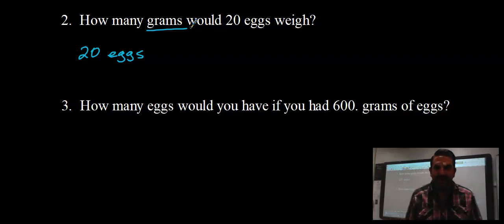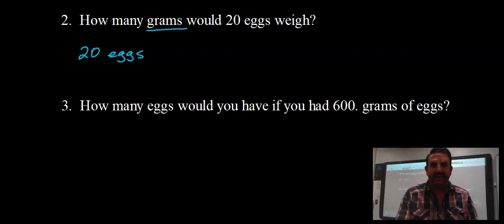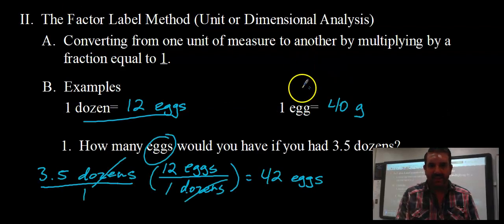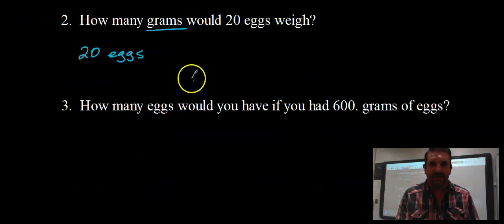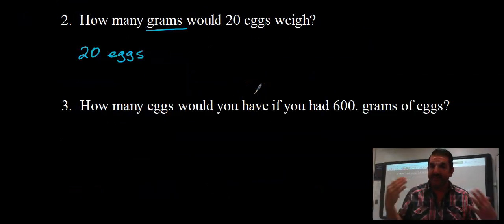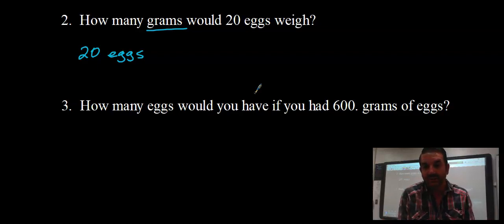We're asked to find grams. Question is, can we convert directly from eggs to grams? It looks like we have this relationship here, so that means we can convert directly. So that means this calculation will require 1 conversion factor, since we can go directly from eggs to grams. So go ahead and draw your conversion factor.